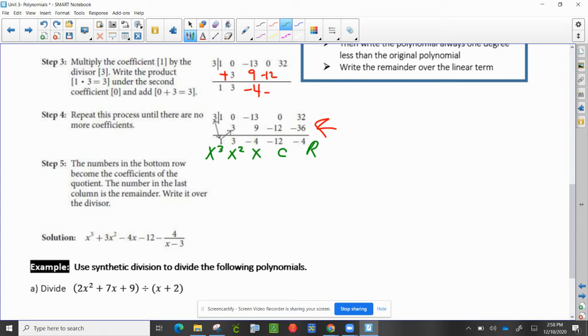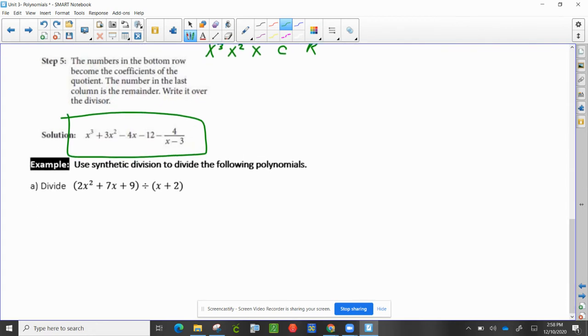I just start from the right and work my way up. What we get when we do synthetic division is the coefficients for our quotient, our answer. Once we have our coefficients, we write the answer. If we ever have a remainder, we write the remainder over the linear term, meaning the shorter of the two terms. Let's work through a problem, and you'll see what I'm talking about.